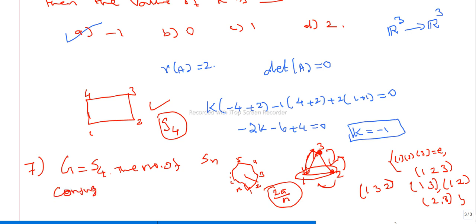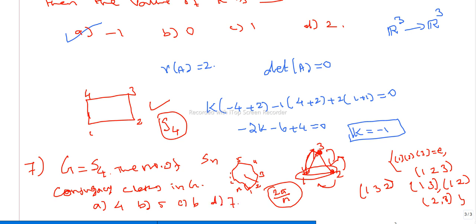I think everyone knows a formula. So what is the formula? Conjugacy classes in G. The first option is 4, the second option is 5, the third option is 6, and then 7.